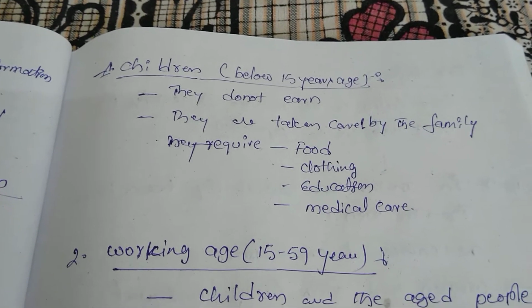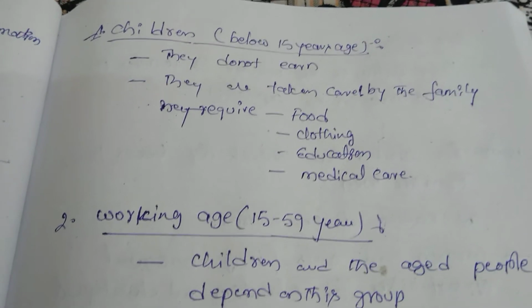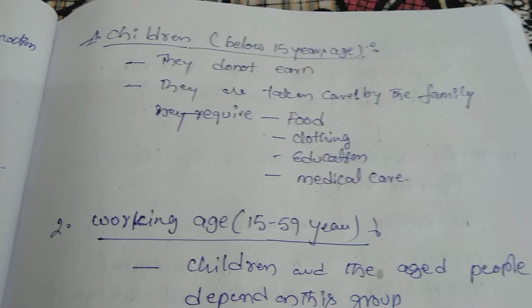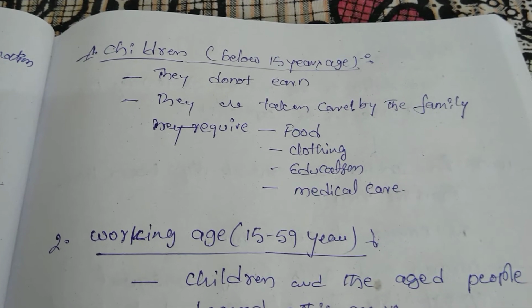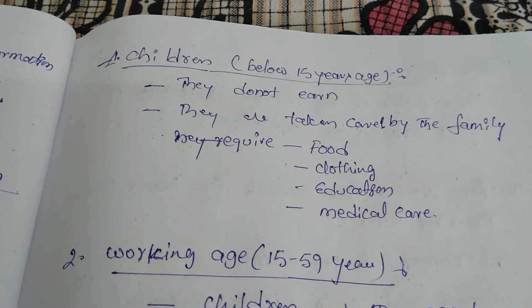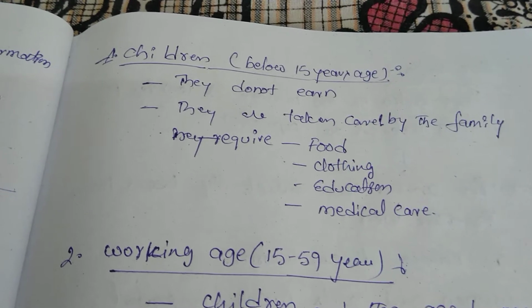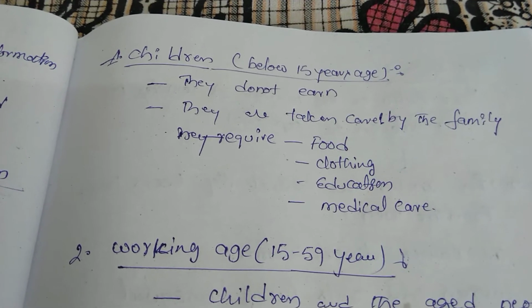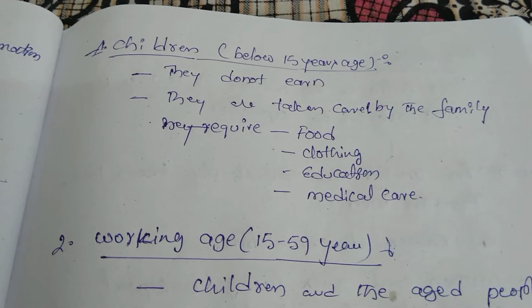Based on this, they will implement different schemes, for example midday meals, free uniforms, free books, free education, and they will try to start residential schools. Like that, based on the population of children, they try to improve the facilities.